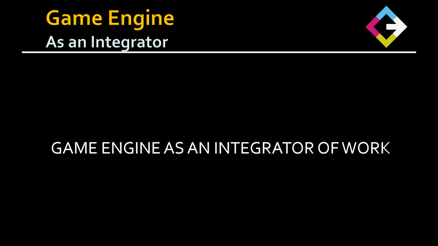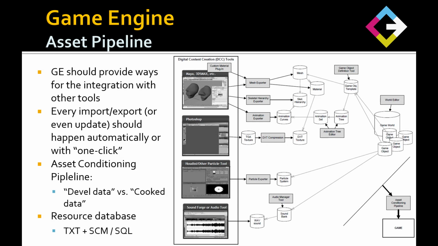If that would not be enough, game engines should be able to integrate with third-party solutions that are being used for specific tasks like 3D modeling and animations. That's because when producing a game, even as an indie, you will be dealing with something that is called an asset pipeline. That is, how are you going to be authoring content for your game?